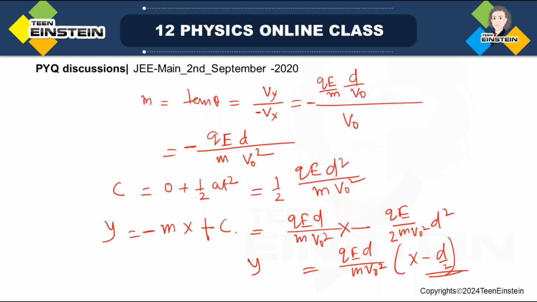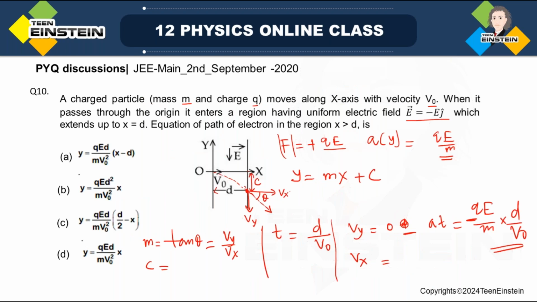So if you take slope negative and this positive, then you get the sign reversed here. D by 2 minus x. So this is the path. So option C will be the correct answer here. I hope you have understood this.